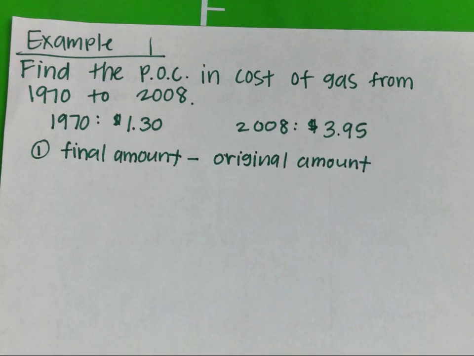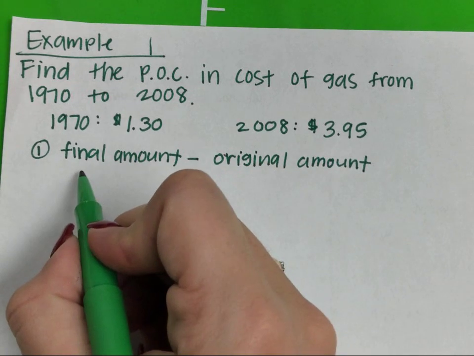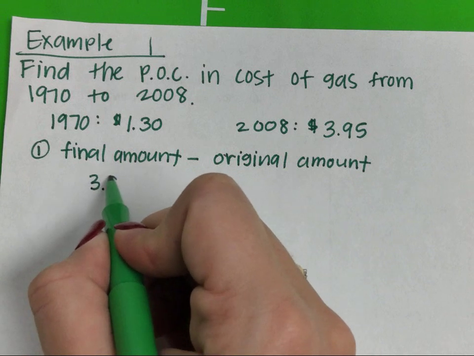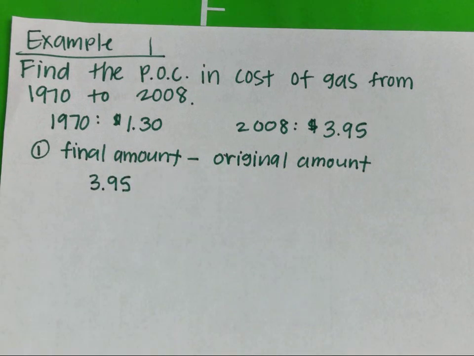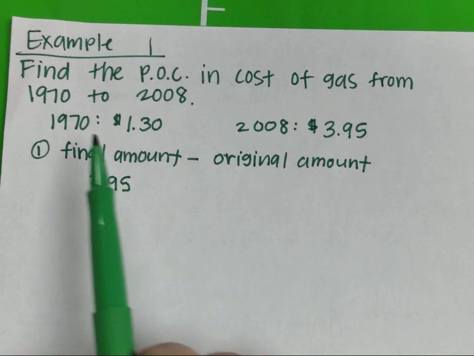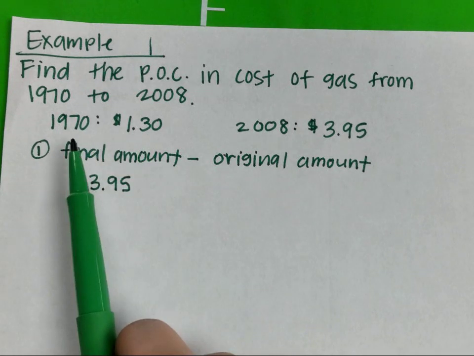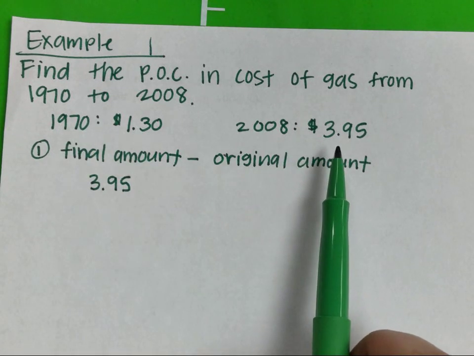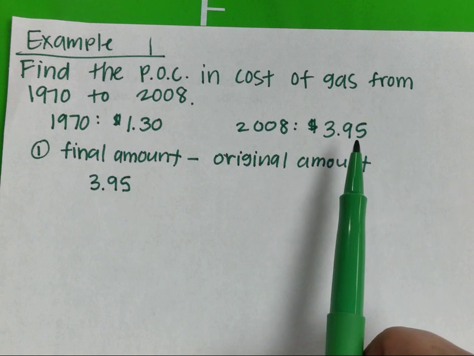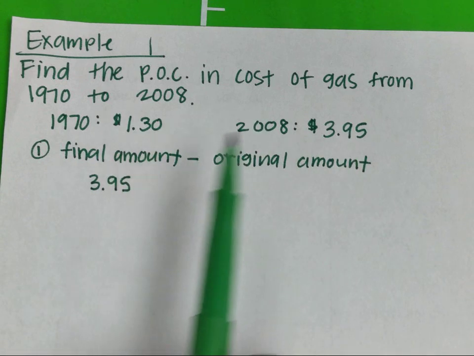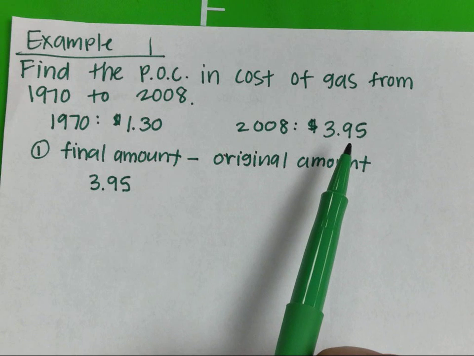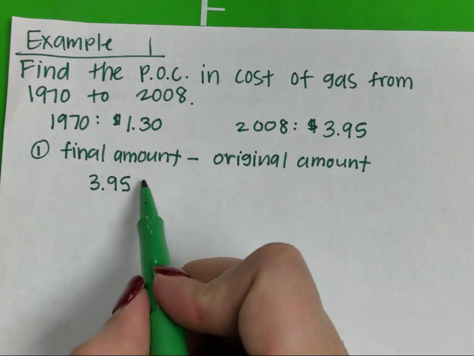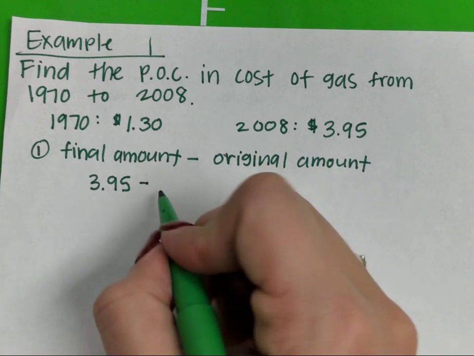So what do you think the final amount is? $3.95. Okay. So we went from gas costing $1.30 in 1970 to costing $3.95 in 2008. So my final amount is the cost in 2008. And then we're subtracting the original amount, which was $1.30.